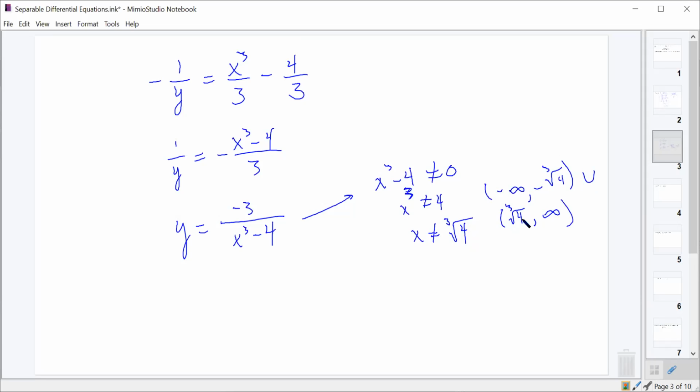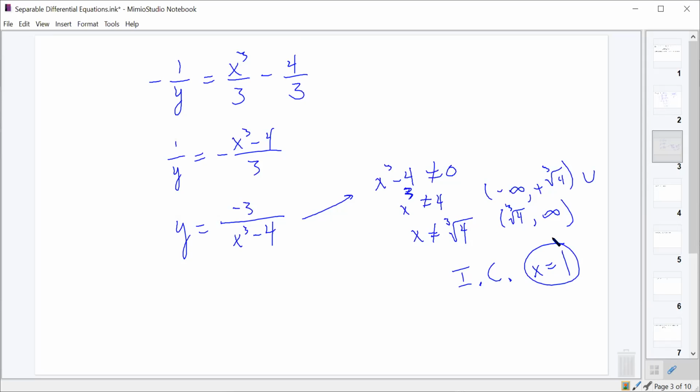But we don't put both of them. We only put the one piece of it that includes our initial condition. So our initial condition was that x equals 1. Well, I'm sorry, I don't know why I put a negative cube root of 4. That's cube root of 4. Our initial condition is that x equals 1. So we're going negative infinity to cube root of 4 or cube root of 4 to infinity.